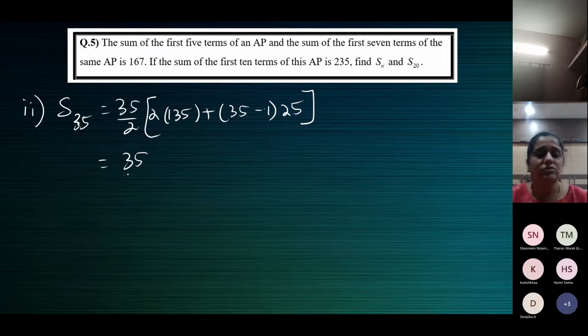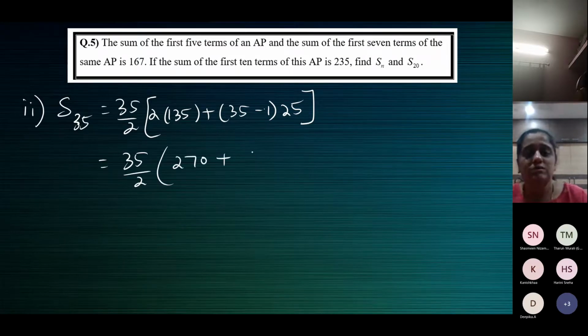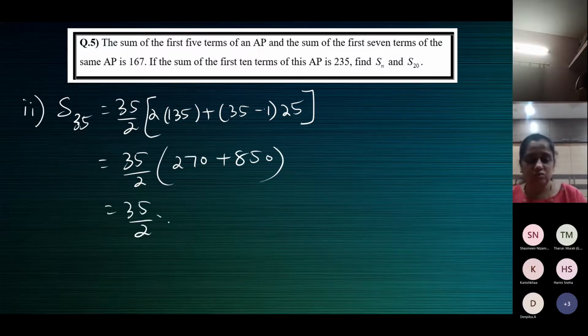So 35 by 2 into 270 plus 34 into 25, 850. 35 by 2 into 1120. 35 into 560.